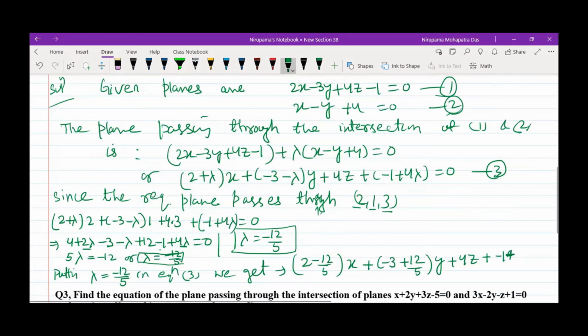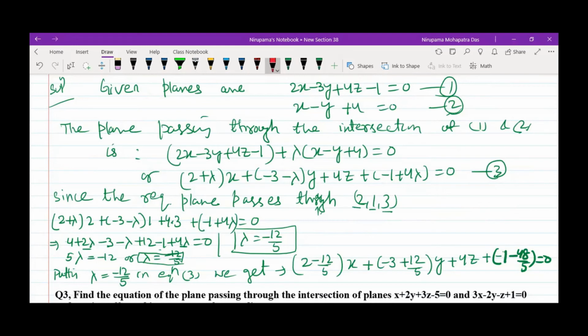Here it is 4 lambda, right? So minus 1 minus 48 by 5 equal to 0. I hope you can do it now.